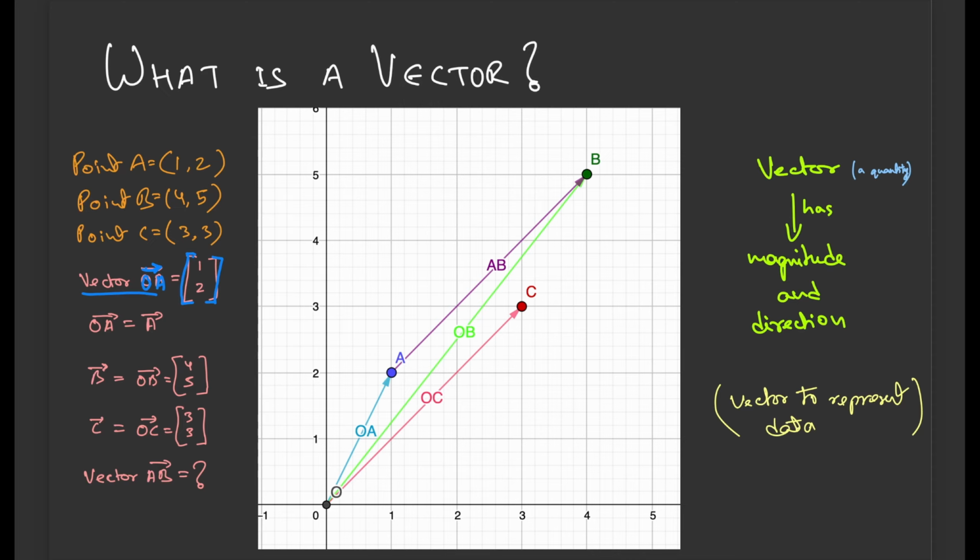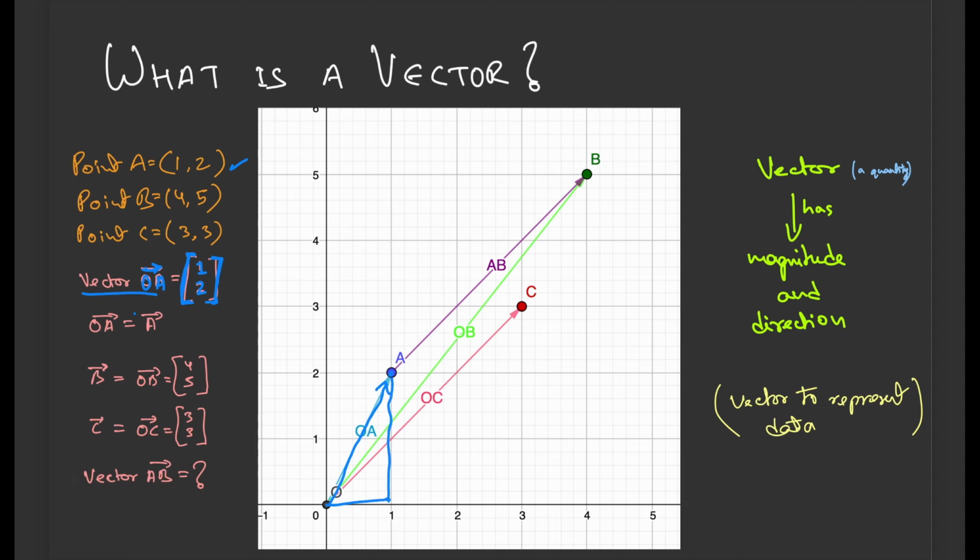To contain the value, we use square brackets. We have an x component and a y component for this vector. The x component means how far we need to go in the x direction. We are going 1 unit, and in the y direction we are going 2 units. So this is our OA vector. It's the same as the coordinate for point A.